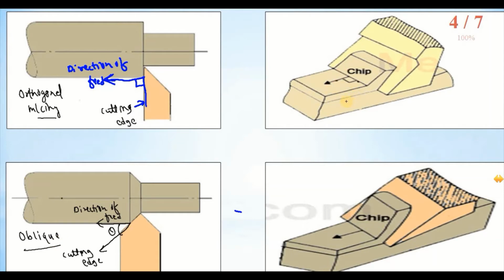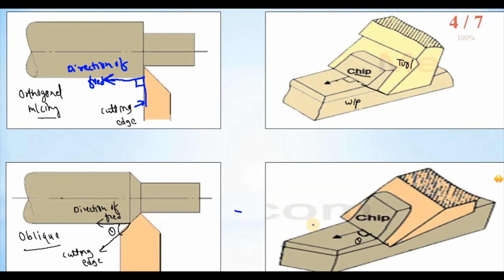So now you can see here, this is our workpiece and this is the tool. By using that we are getting the chips which are formed. Here you can see the direction of feed and the cutting edge are at 90 degrees, so it is an orthogonal type of machining. And here you can see the cutting edge is at some angle, not exactly 90 degrees, to the direction of feed, so it is an oblique cutting process.